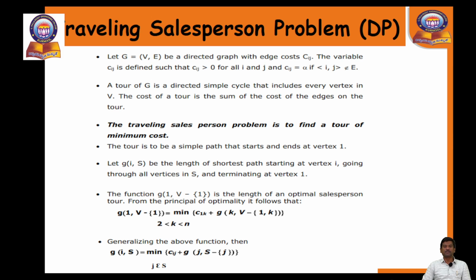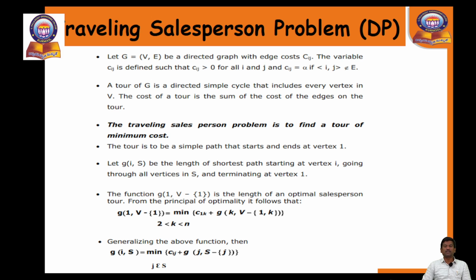If you consider g(1, V - {1}), how can we understand it? You are starting from city 1 and excluding city 1, and the other remaining vertices or cities present are the set of vertices in V. This is given by the minimum of c_1k + g(k, V - {1, k}), where k ranges from 2 to n.